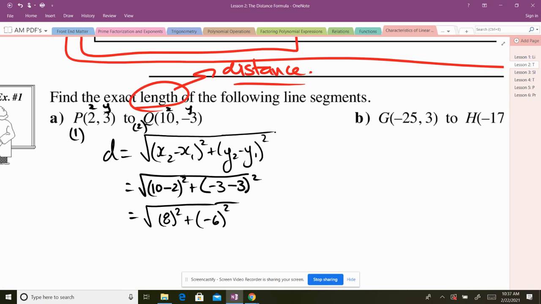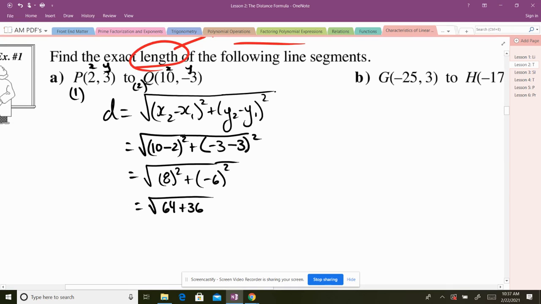What happens when you square a negative? It becomes a positive. So you don't have to worry about the negative. It will naturally disappear. So 8 squared is 64. -6 squared is 36. 64, 36. 100.